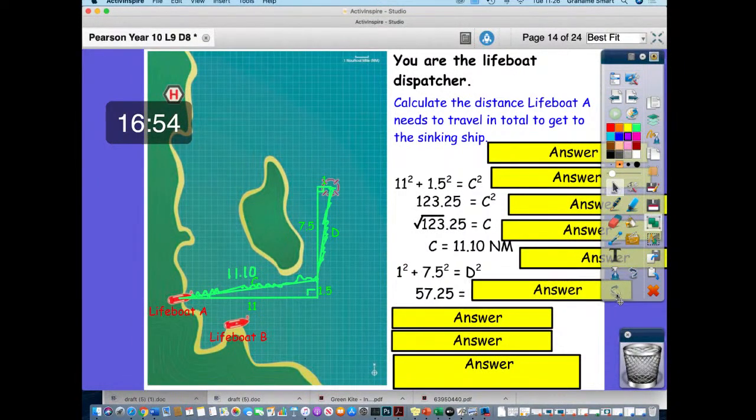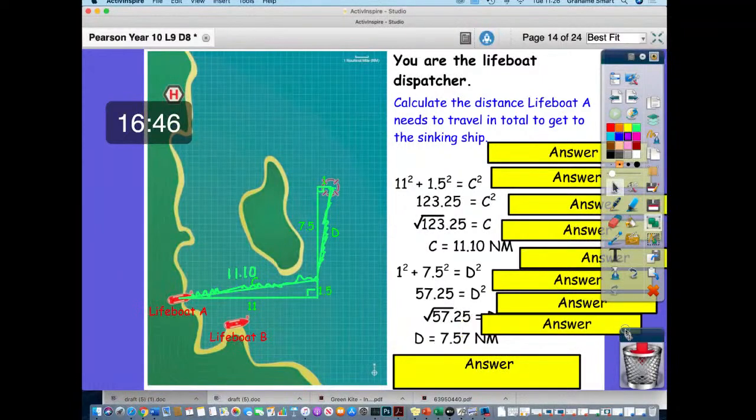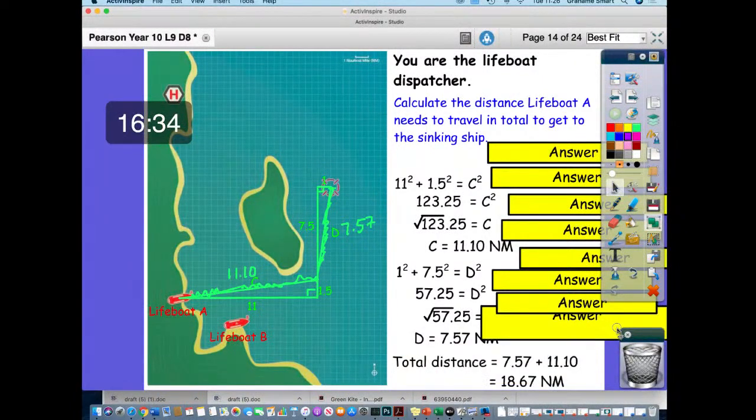So my answer is going to be just above 7.5, I suspect. Square root of 57.25, 7.57. So as I said, just over 7.5. That makes sense. And then if we add up the two totals, we get a total distance of 18.67 nautical miles.